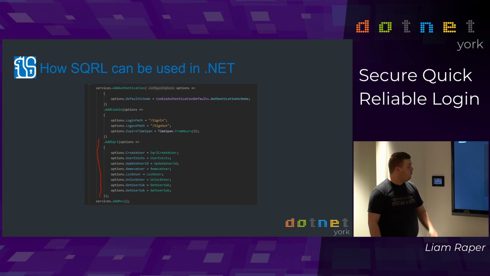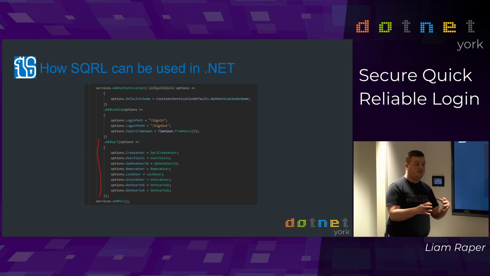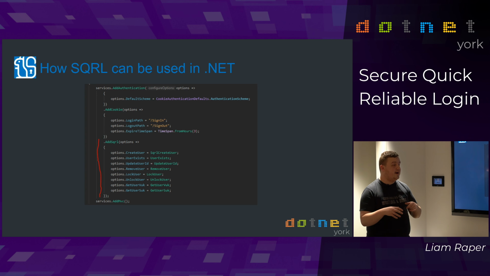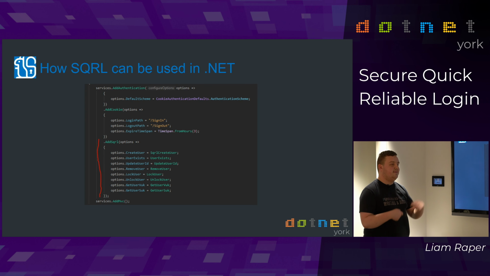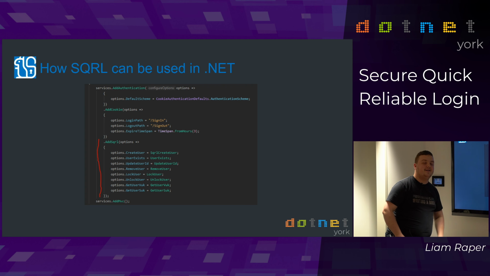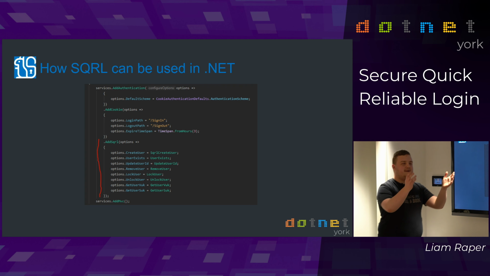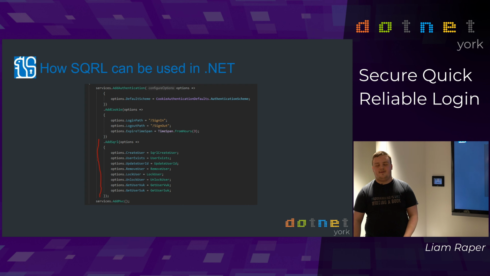So it's not a centralized server. It's not like OAuth where you're going to Google or Microsoft or Facebook or somebody and saying, this is my client secret and my client ID, and authenticate my user for me. It's almost like the user is the authentication system.